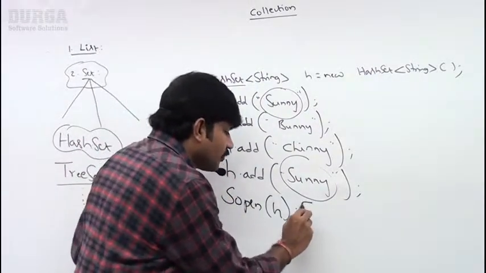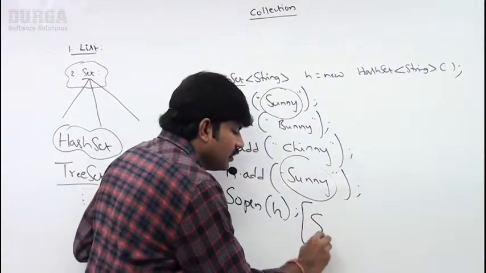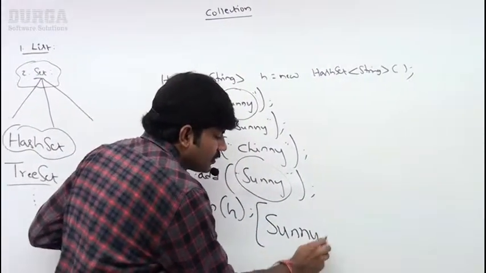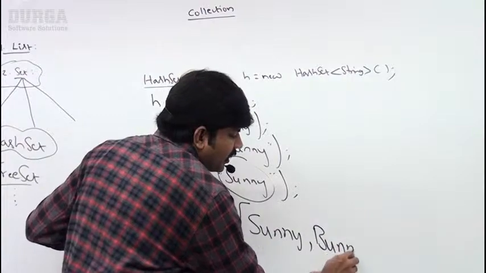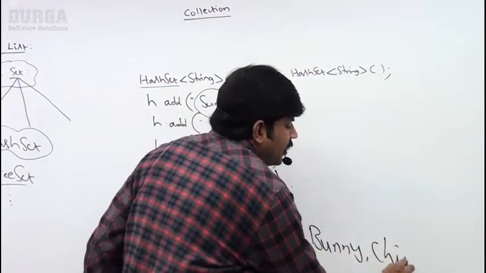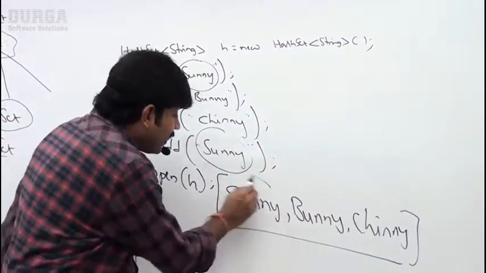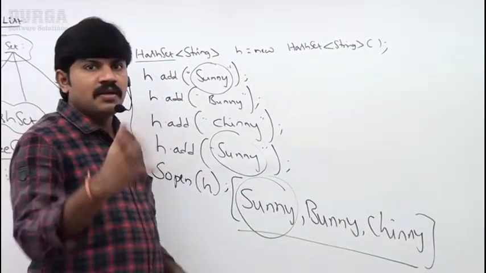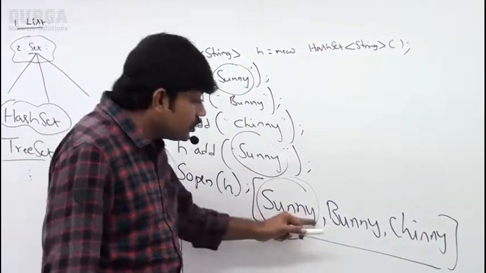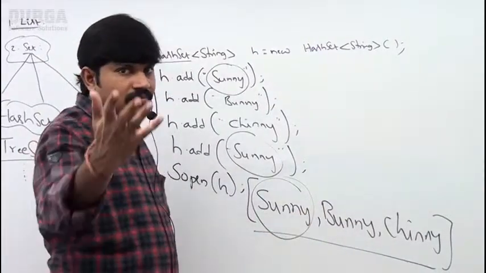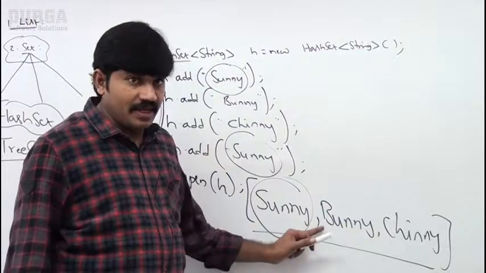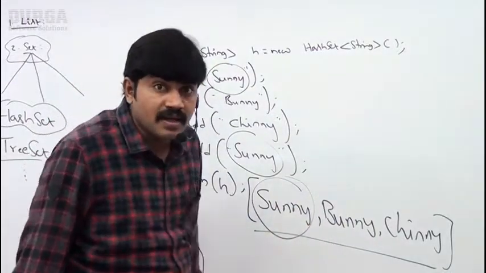Remember this. That's why the output is Sunny, next Bunny, next Chinny. By default we are going to get Sunny only once, it is never going to come two times. But in which order these objects are going to come, sorry, I can't give the guarantee, because this is nothing but the set concept, right?